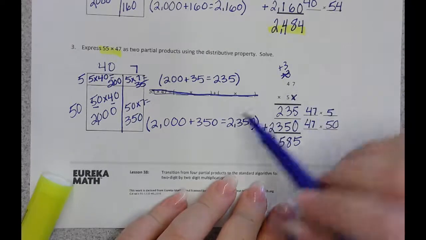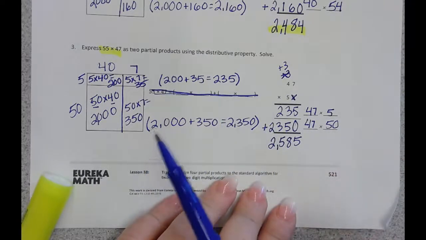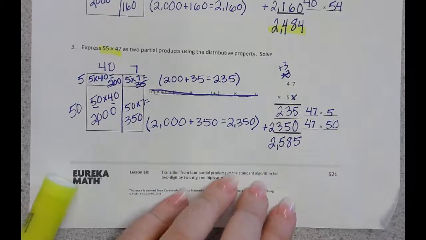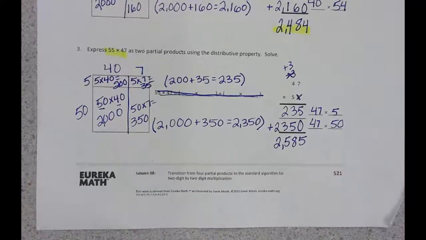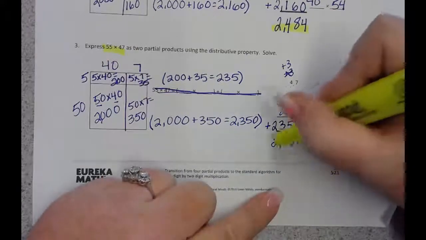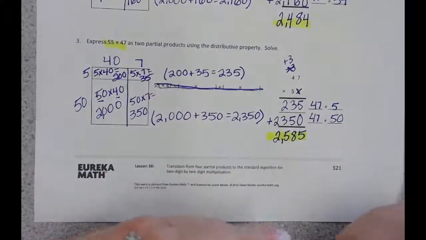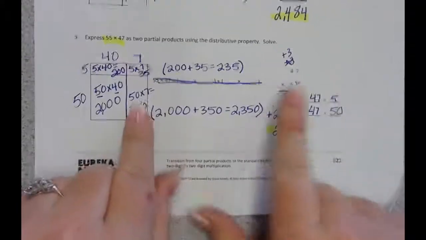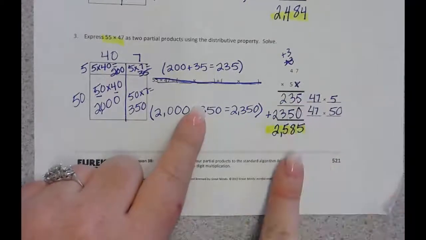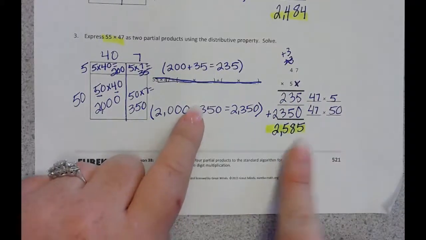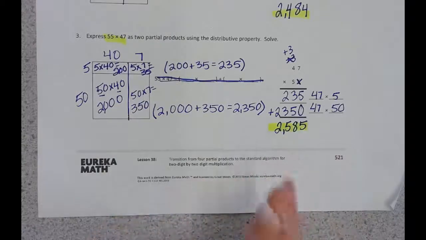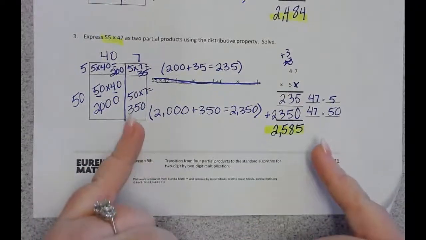Now I know that jumping back and forth between the area model and the standard algorithm can be a little bit confusing. But one thing I want you to understand is that the area model is a good visual for understanding why we're able to do the things that we do in the standard algorithm. I don't expect you to, on a regular basis, do both of these strategies at the same time.